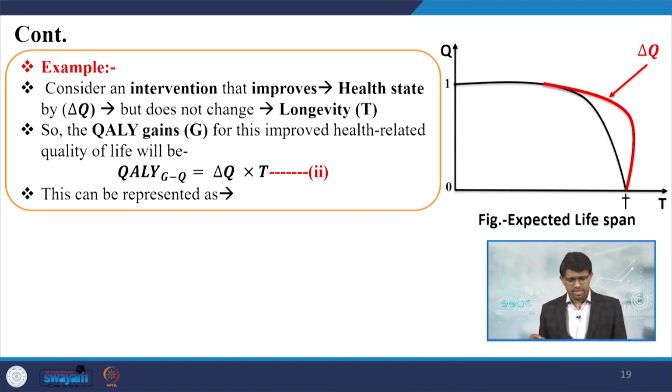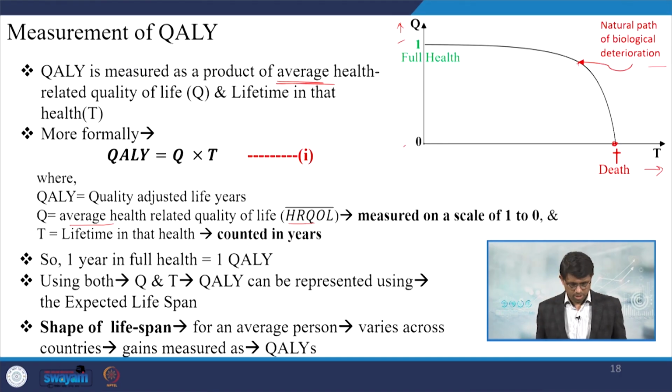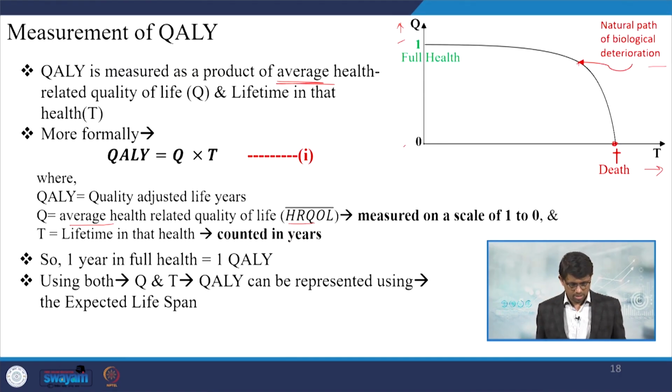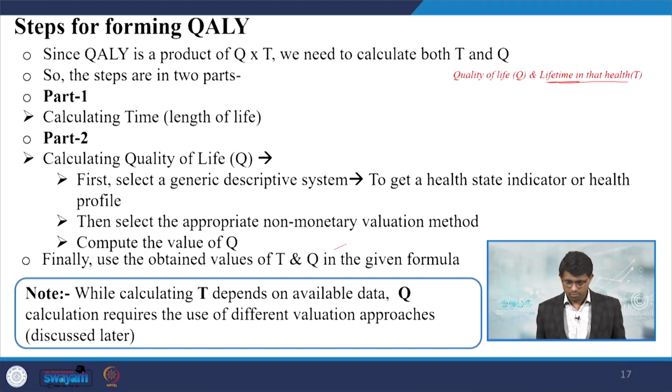Gains is G, and Q is the original quality of life. We have already discussed this; I am just repeating it for your clarity.